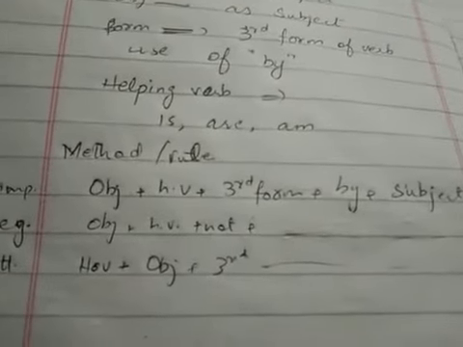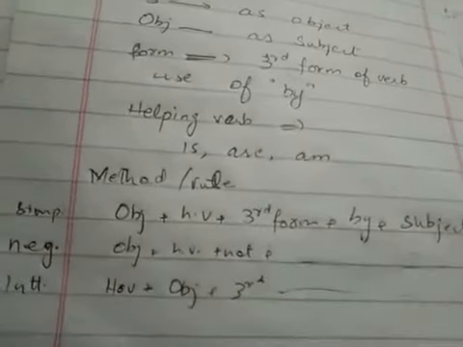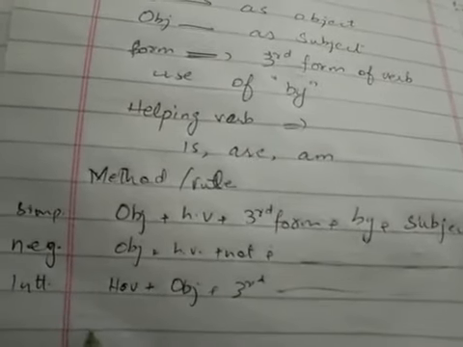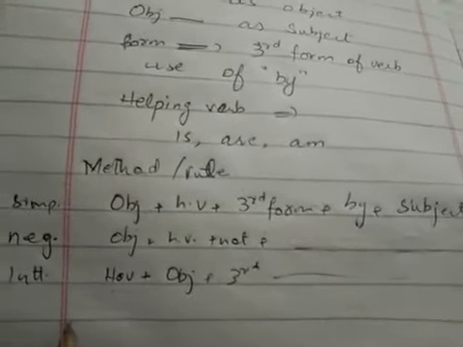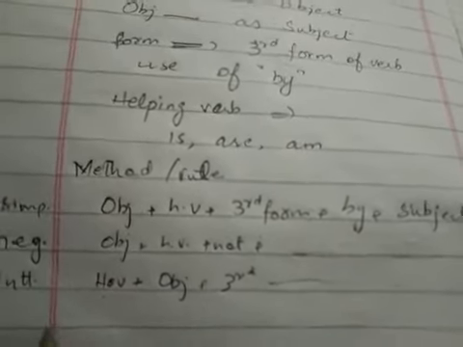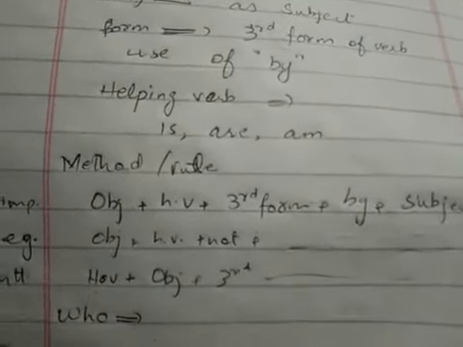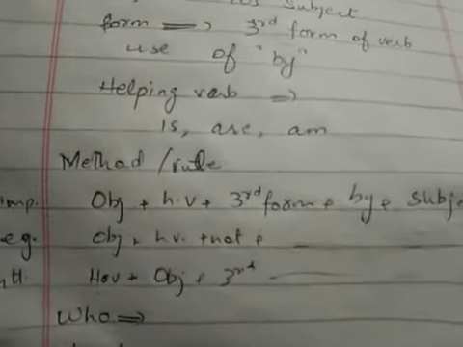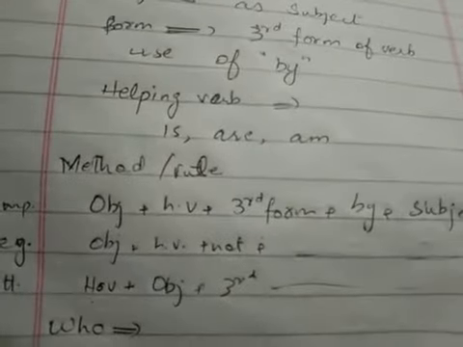If there are question words like who, why, where, the five W's, such as what is, then we write what, then the helping verb, and then the remaining part of the sentence. But if the sentence starts with who, then the passive voice of this sentence starts with by whom, then the helping verb, third form and subject.